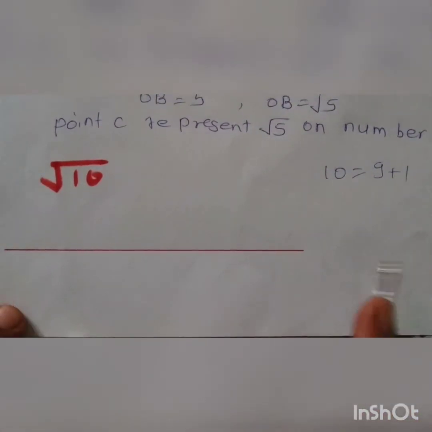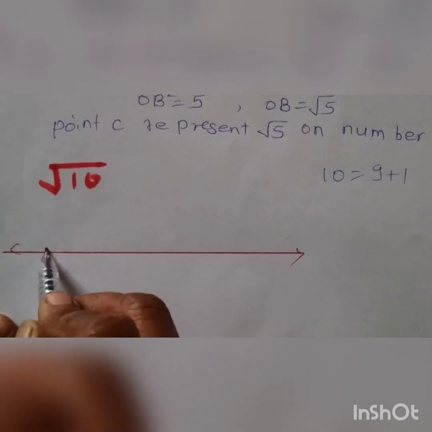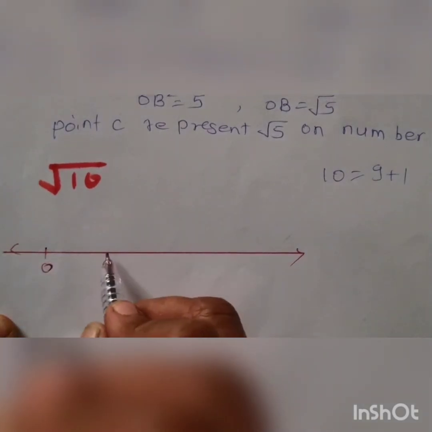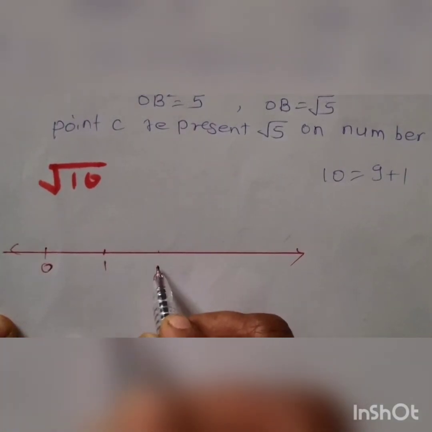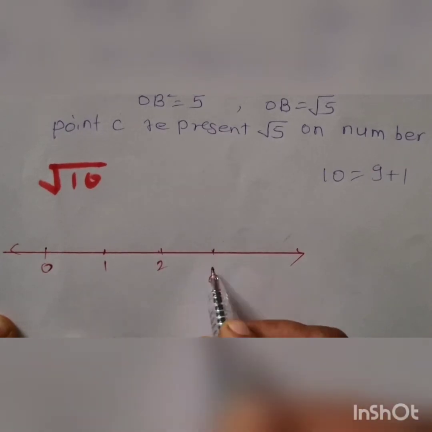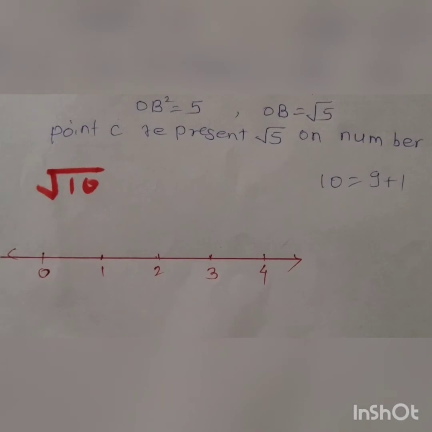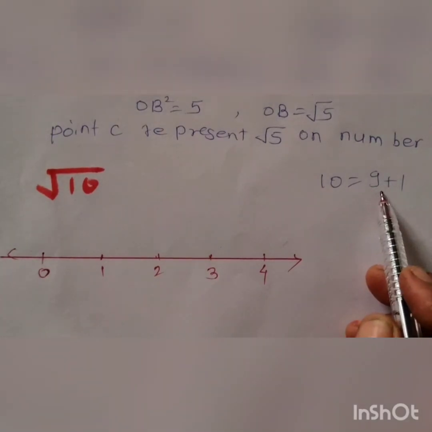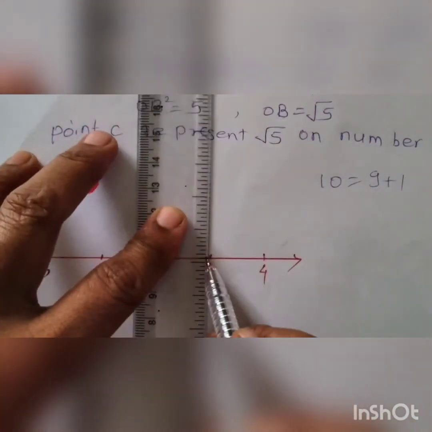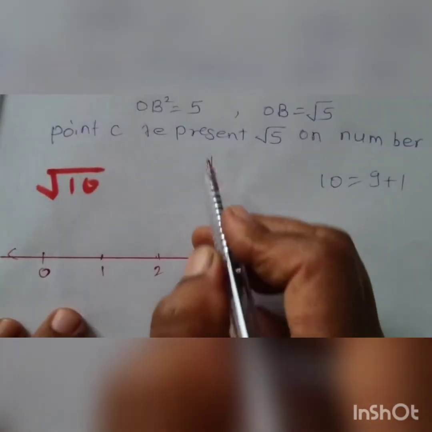First we draw the number line here, suppose 0, this is 1 unit, this is 2 unit, this is 3 unit, this is 4 unit. As this 9 is the square of 3, draw a perpendicular on point 3.